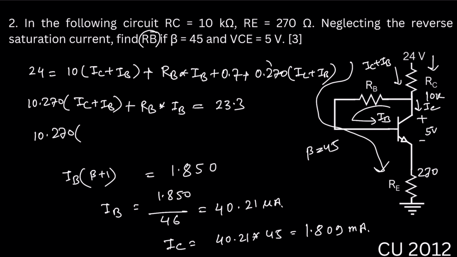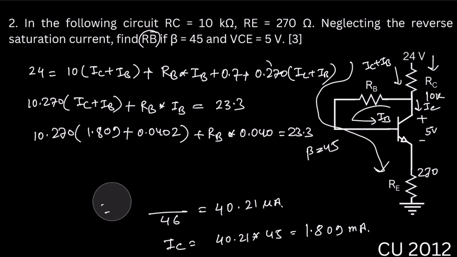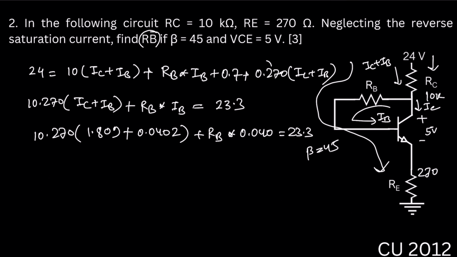Okay, so if we just put the value of IC and IB, then we will get 10.270 into (IC, which is 1.809 milliampere, plus IB, which is 0.04021), plus RB into 0.040 equal to 23.3. Okay, so if we just calculate this one, then we will get the value of RB.